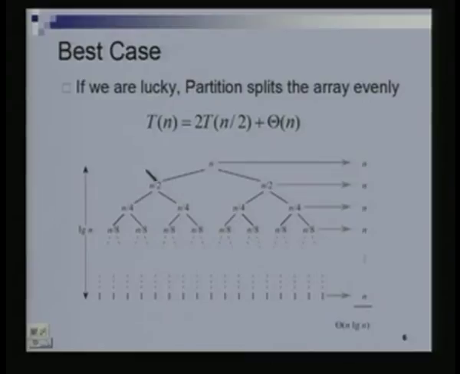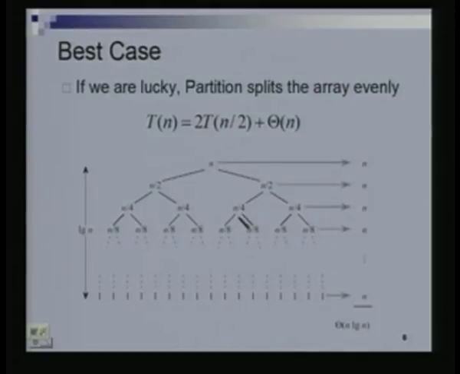Then when I did a quicksort on this, again I was lucky, I picked a pivot such that it divided the thing into two equal parts, and so on and on.